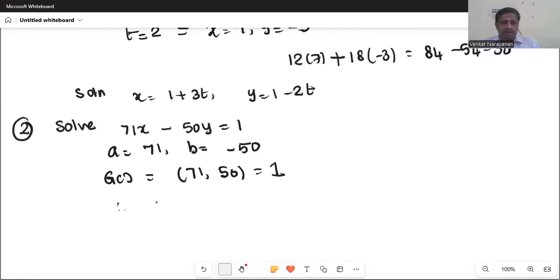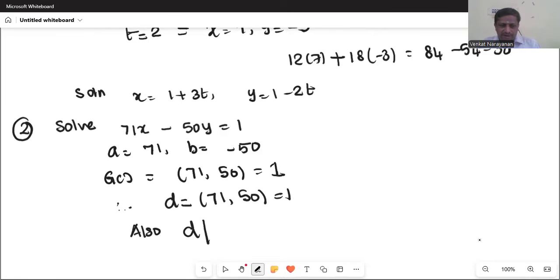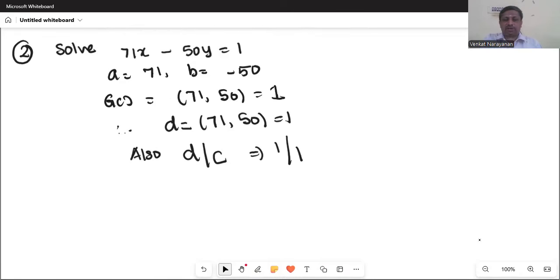So we can understand that the GCD of 71 and 50 is 1. Also, d divides c, that is, 1 divides 1. It is always solvable.